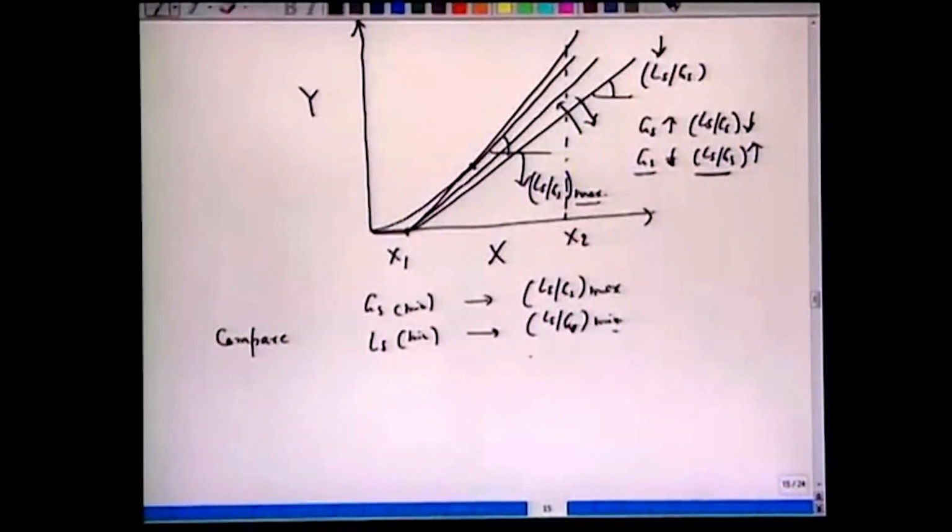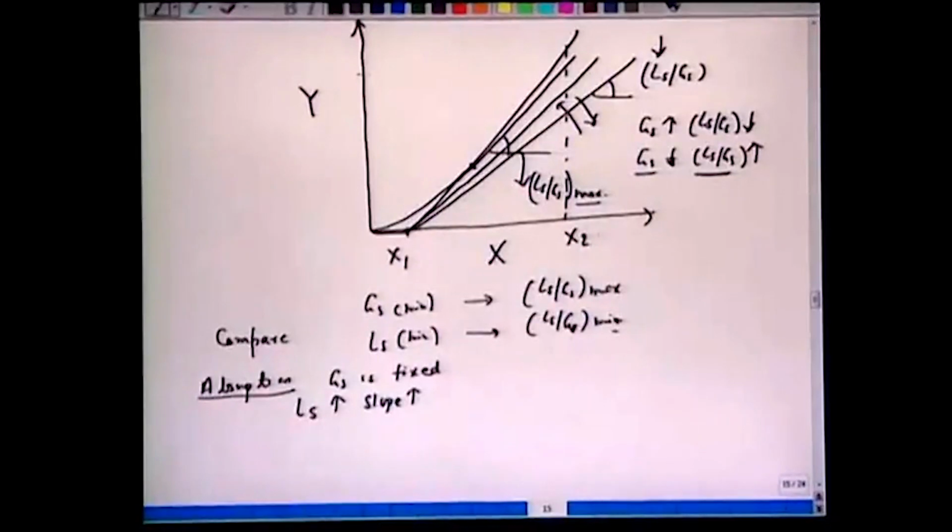Again, let us compare the two, absorption and desorption. In case of absorption, we said that GS is fixed. So if GS is fixed and LS increases, slope increases.